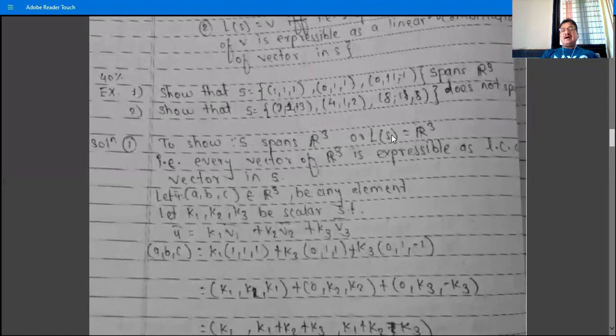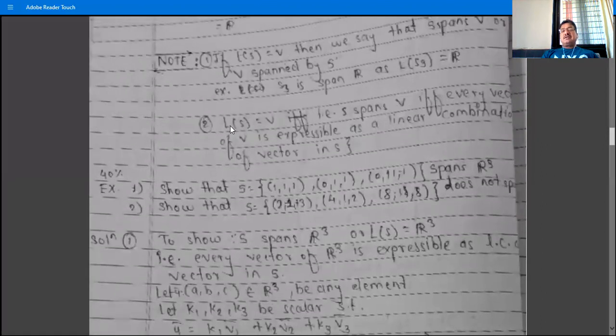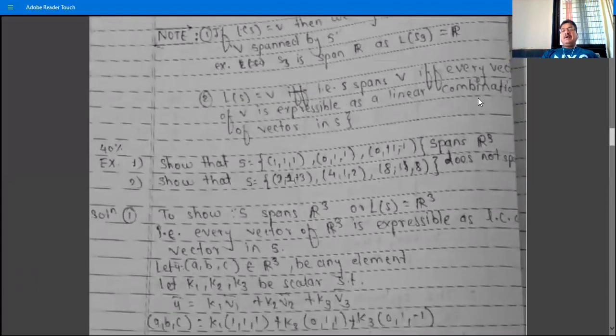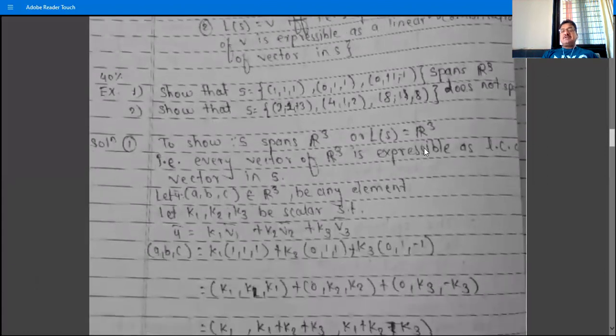We say S spans R3 if LS is equal to R3, and LS is equal to R3 if every vector of R3 is expressible as a linear combination of vectors in S. So when LS is equal to R3, or S spans R3, every vector of R3 is expressible as a linear combination of vectors in S.